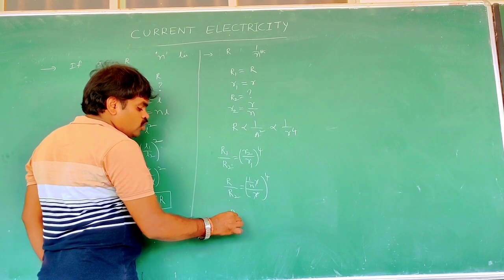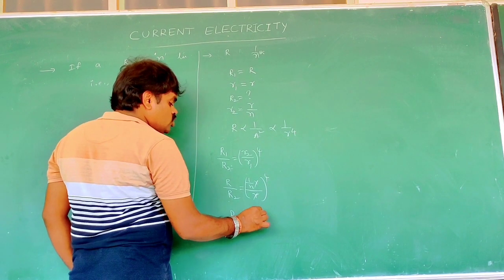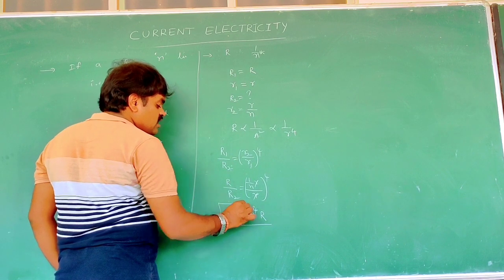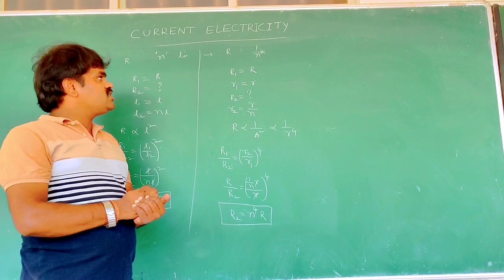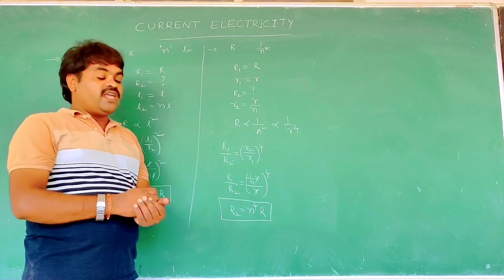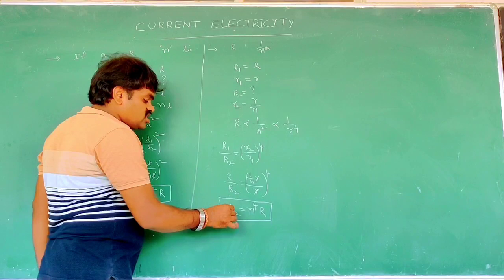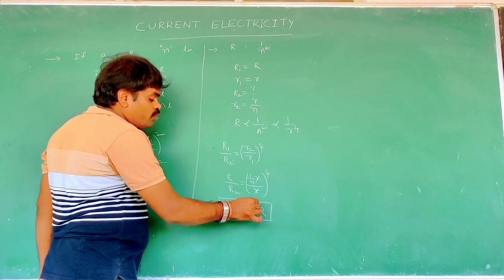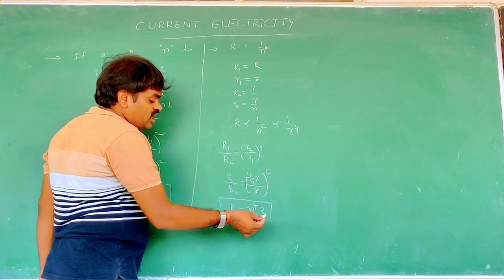That is R2 is equal to n power of 4 into R. That is, if the radius of cross section is decreased by 1 by nth time, then the resistance will be increased. The resistance will be increased by the fourth power of the decrease in the radius.